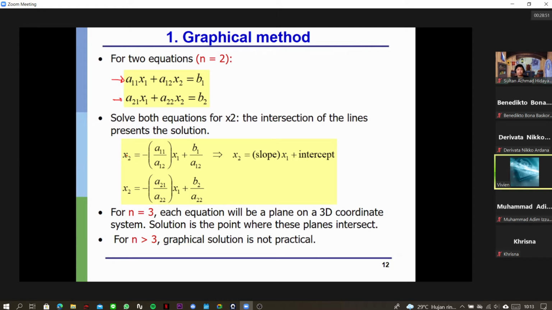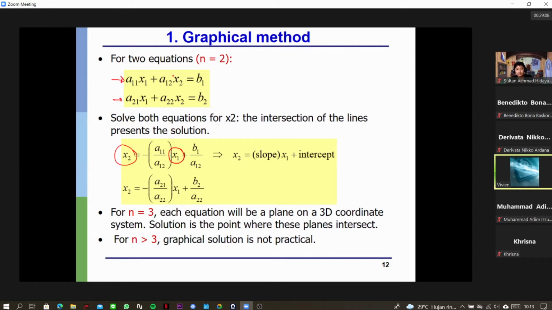We reconstruct the equations so that we have the second variable as a function of the first variable. We take x2 here, and x1 we move to the right hand side, so that it becomes negative A11 x1.